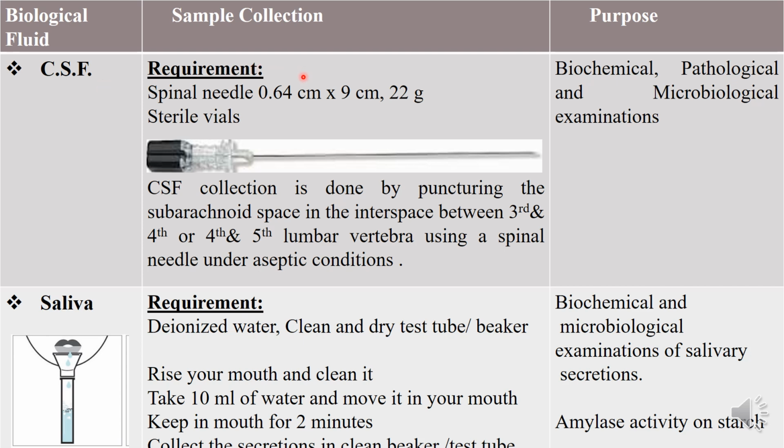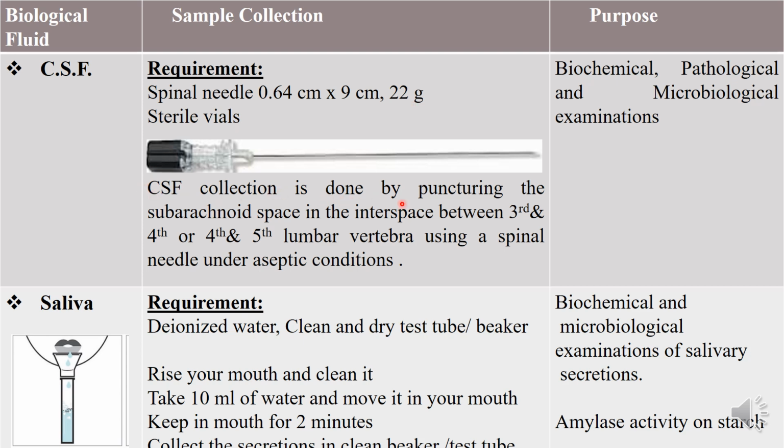Now the requirement for collecting CSF is a spinal needle and sterile vials. The spinal needle dimensions are mentioned here. The most commonly used gauge is the 22 gauge needle.